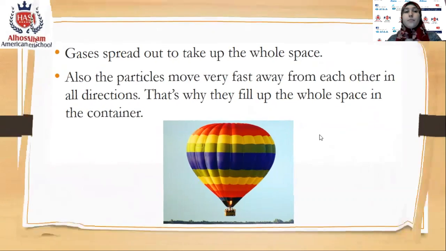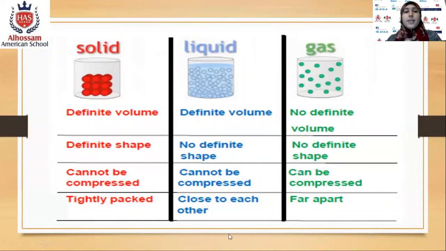Okay, so this is a table in which all the information that we took about solids, liquids, and gas is collected. So you have to memorize it so hard. Okay, so here you'll find solids. They have definite volume, definite shape, cannot be compressed and are tightly packed, as we said.